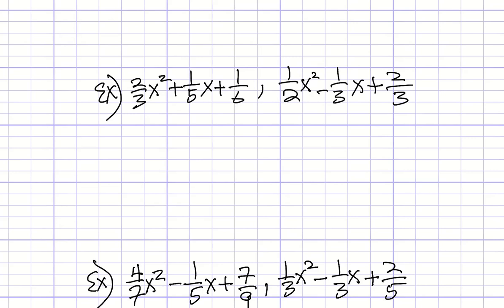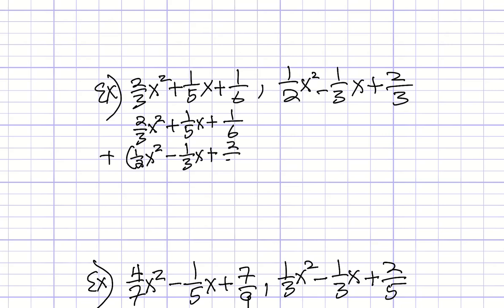Okay, let's do 2 over 3 x squared plus 1 over 5 x plus 1 over 6, and you add 1 over 2 x minus 1 over 3 x plus 2 over 3. It may be a little bit challenging because we'll have to use our tricks here.